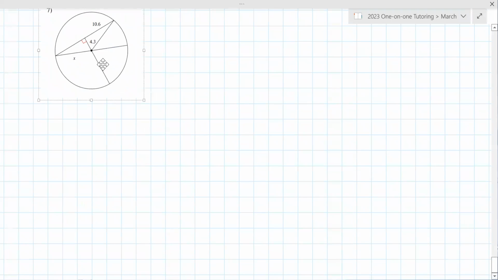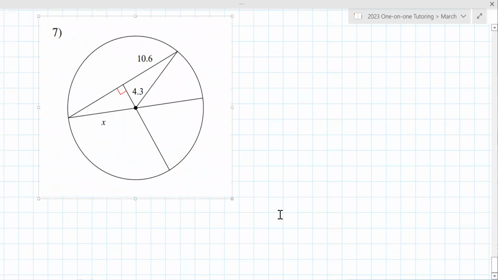I'm going to label some different letters here and ask you to find A. 4.3 is this right here. C, D, and E. Okay, and then we'll find X at the end. What is the value of A? 10.6. Okay.